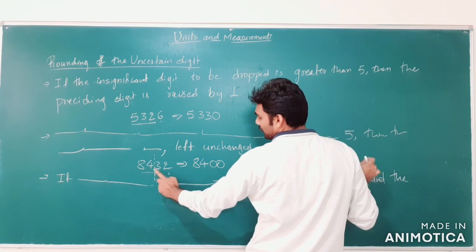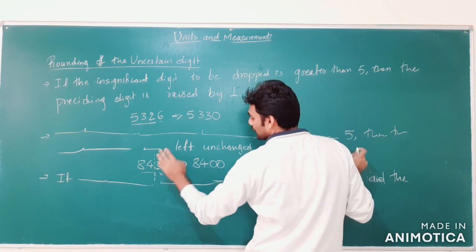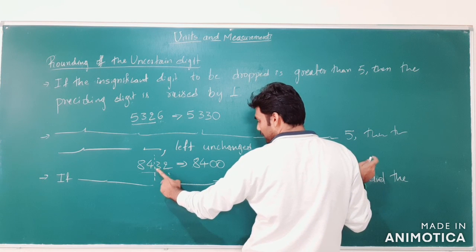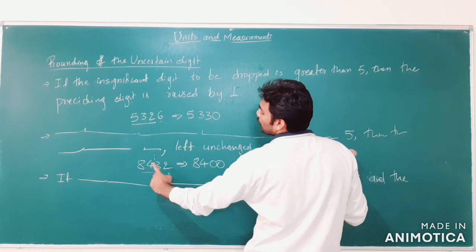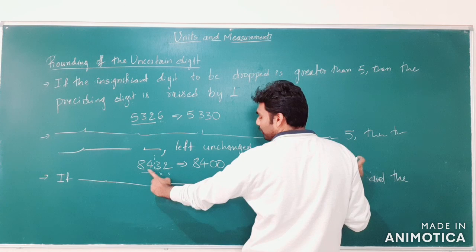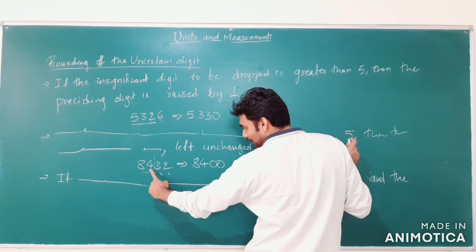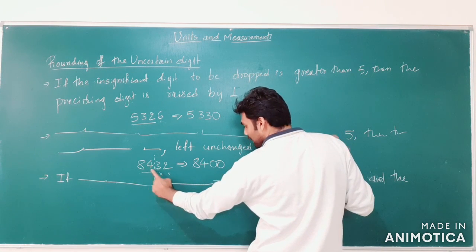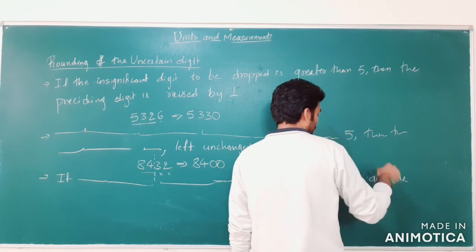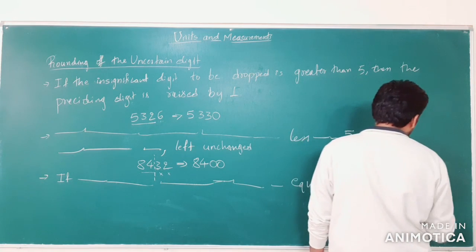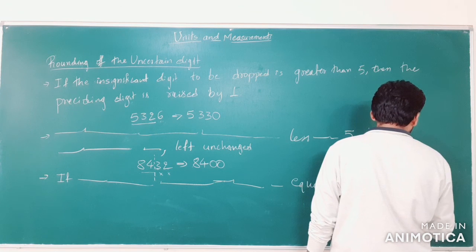If this number which I want to drop is equal to 5, then I should look for the preceding term. Before I make the change in the preceding term, I should look at what kind of preceding term I have.